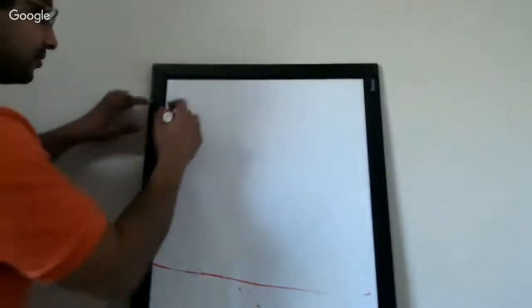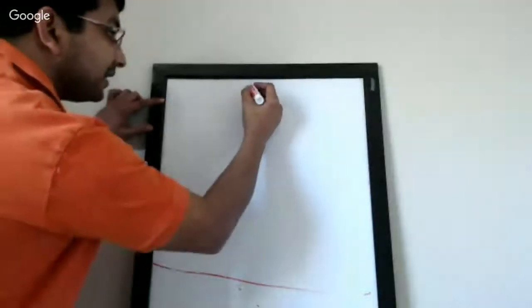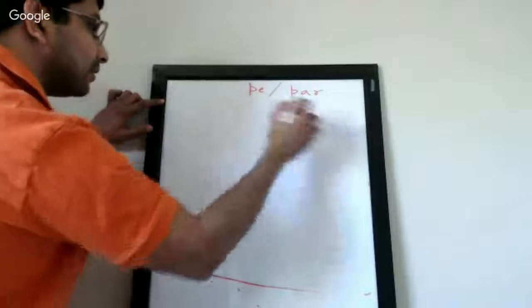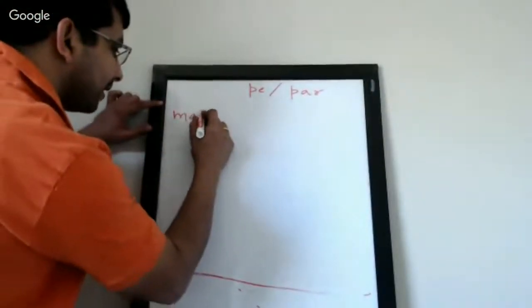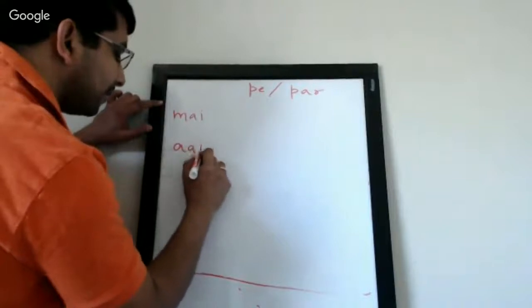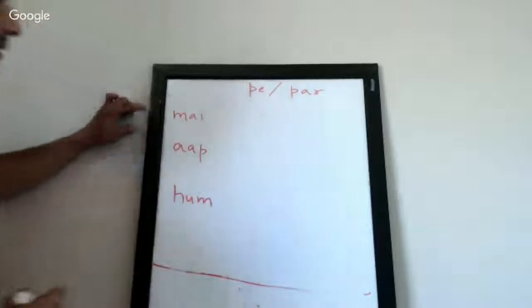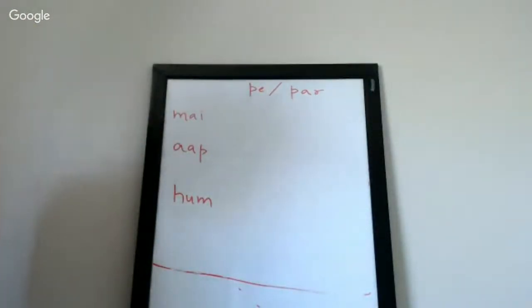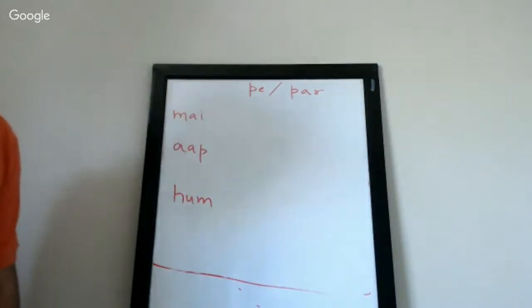घर पर, right? So first of all here, pay or per. On the top you have your pronouns, so you have मैं, तू, and you have हम, right? मैं plus per would be, try it.